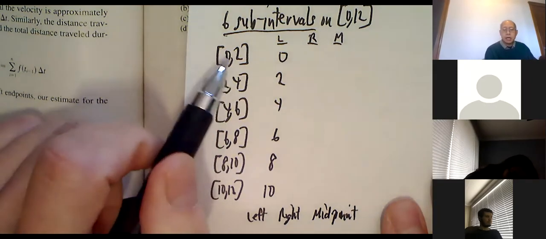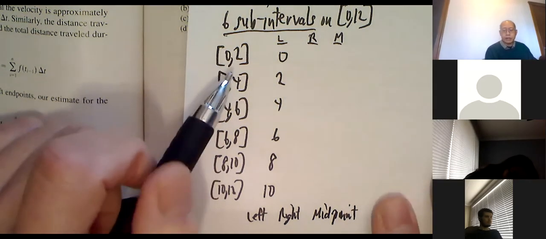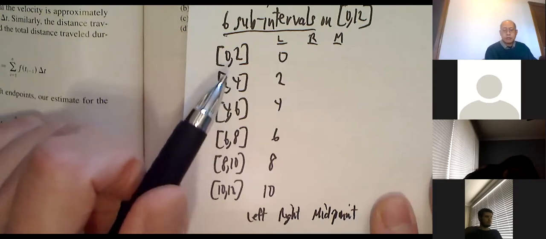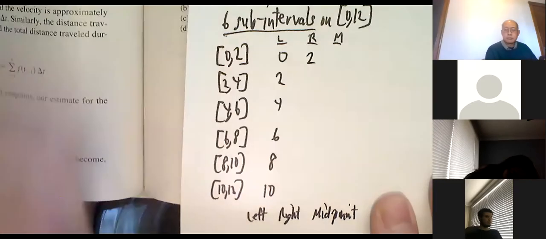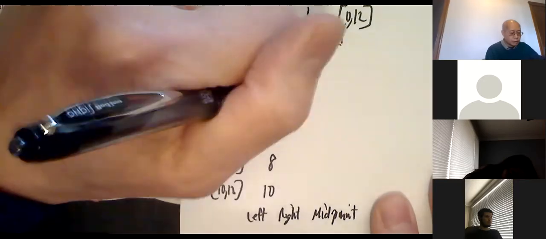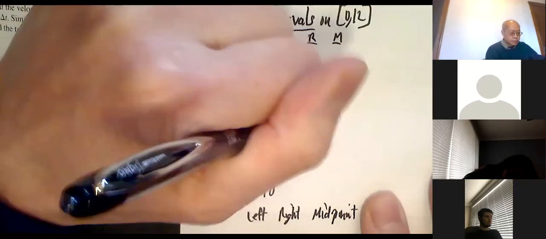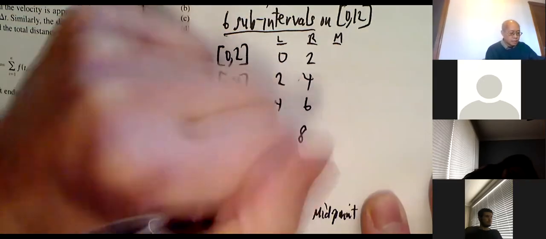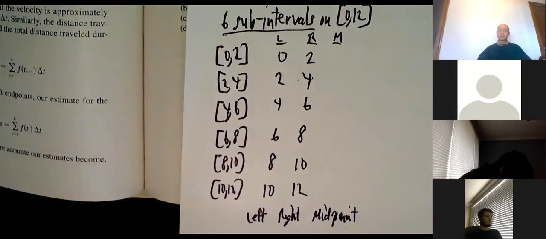Now, same thing on each interval, give me the right endpoint. So on 0, 2, what's the right endpoint? 2. For the interval from 2 to 4, what's the right endpoint? 4 and 6 and 8 and 10 and 12. Is that right? That's not too hard.